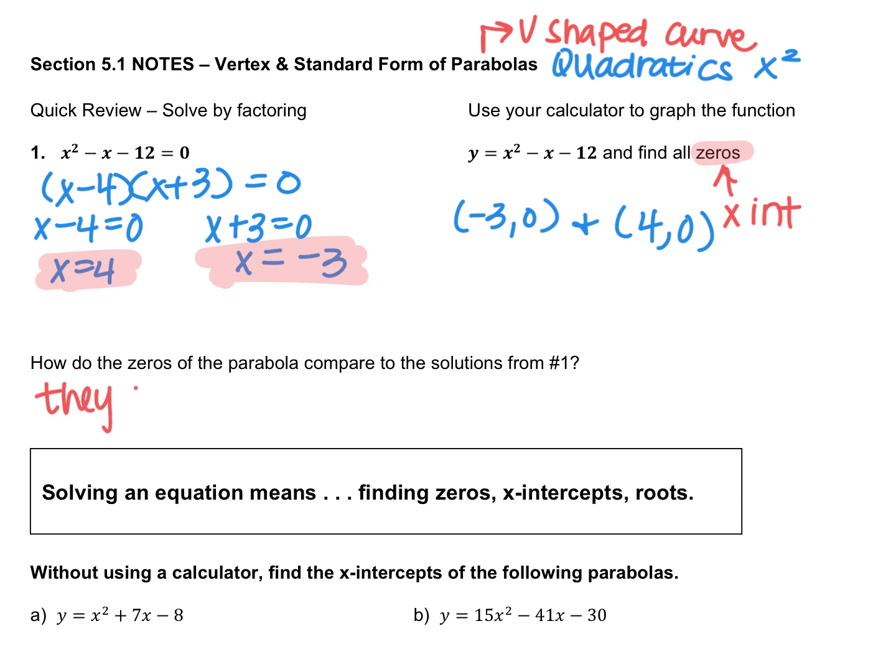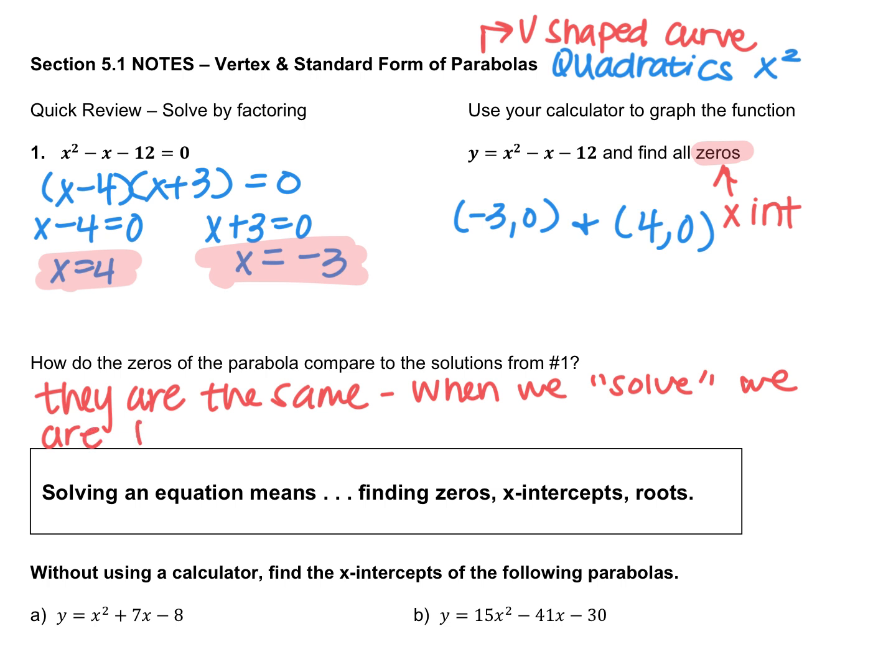And so what this means is when we solve, we are finding the x-intercepts. So when we solve for x, like we did in number 1, we're finding the x-intercepts.